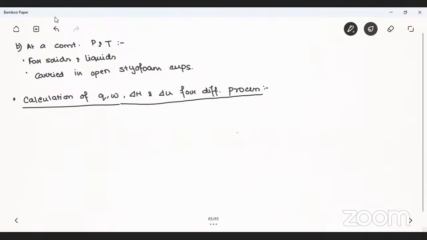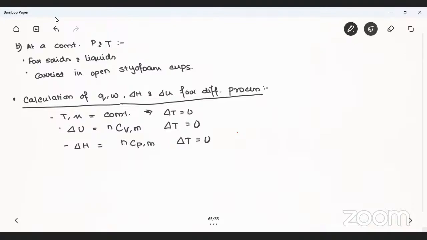Okay, now if T and n, these two are constant, then delta T will be 0. Delta U is n CVM delta T, delta H is equal to n CPM delta T. Let me write, then I am explaining.